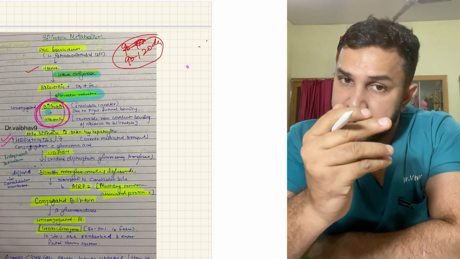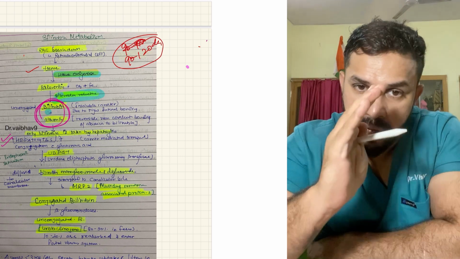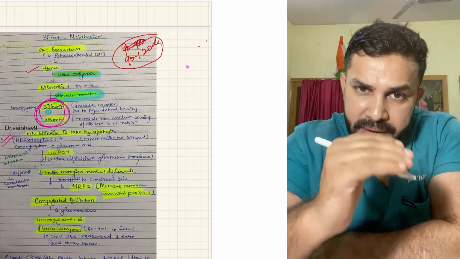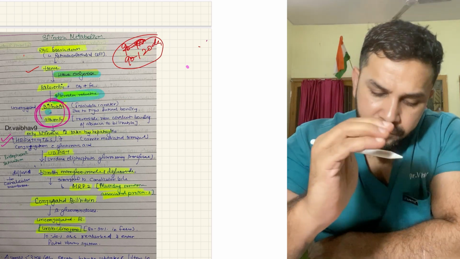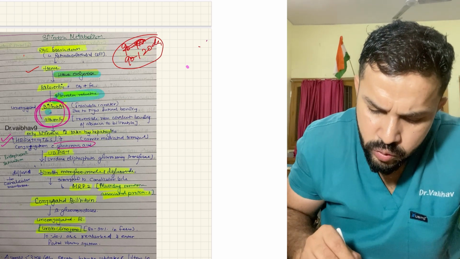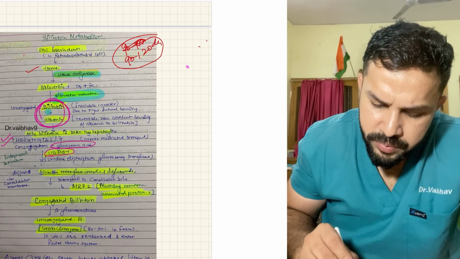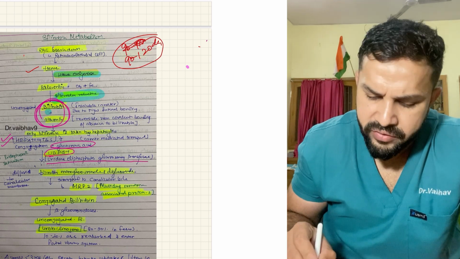So before the hepatocyte, if it is increased, this is the unconjugated form. In the hepatocyte, conjugation occurs with glucuronic acid by UDPGT, uridine diphosphate glucuronyl transferase.